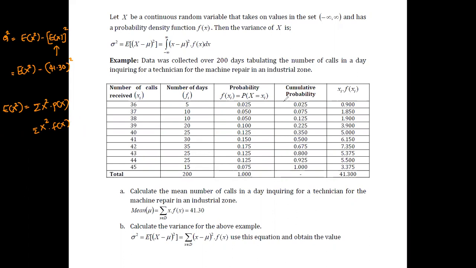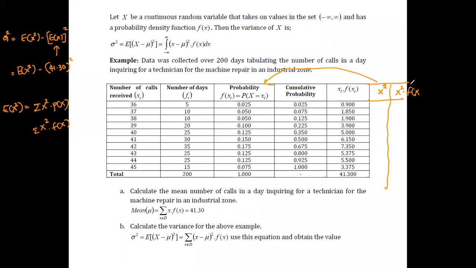Therefore, first what you need to do is create a column for x squared. Then x squared has to be multiplied with this column to get the value for x squared f(x). Then you need to get the summation of this. This is what we call the summation of x squared f(x).